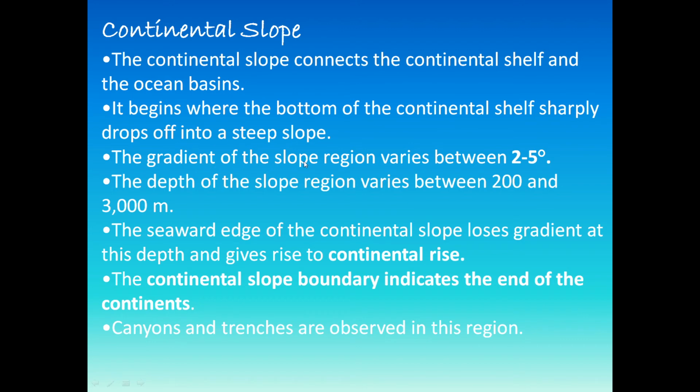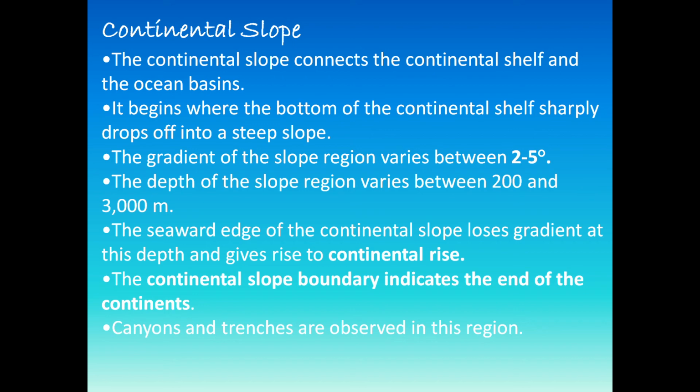And the gradient of the slope region is 2 to 5 degrees. So a 2 to 5 degree fall is there in the slope. The depth of the slope can be 200 to 3000 meters. 200 meters is very deep, and 3000 meters is 3 kilometers. So sometimes it is so deep that you can't find anything if it goes into continental slope.